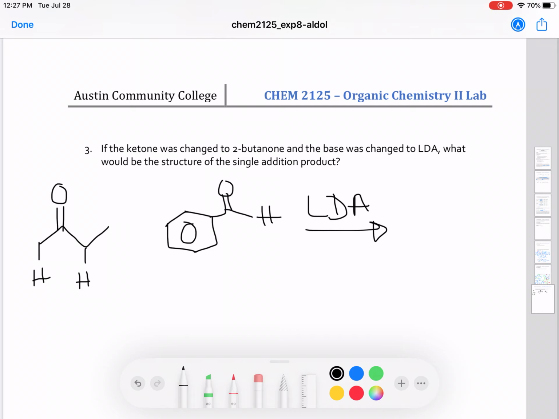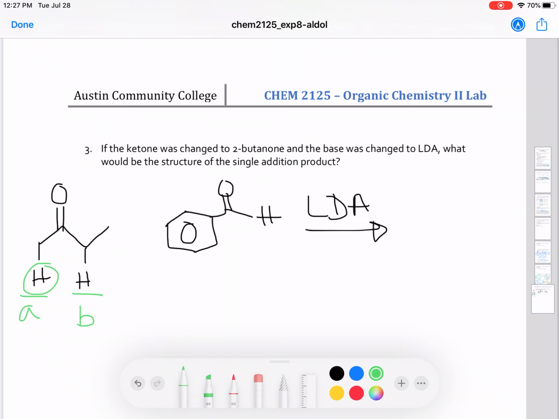Is it going to be this hydrogen or this one? A or B? The least sterically hindered one is hydrogen A, right? So the LDA, lithium diisopropylamide, the base, will grab this hydrogen and form the enolate ion on that alpha carbon. Okay? So then what would be the structure of the single addition product?